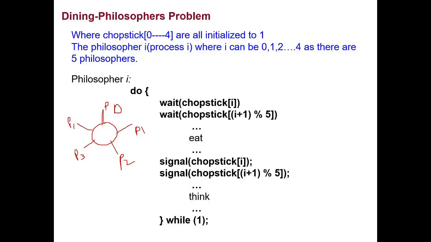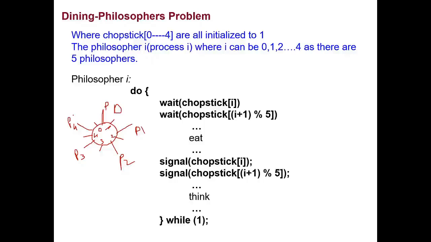So 5 philosophers, and in between we have the chopsticks: chopstick 0, chopstick 1, chopstick 2, chopstick 3 and chopstick 4.